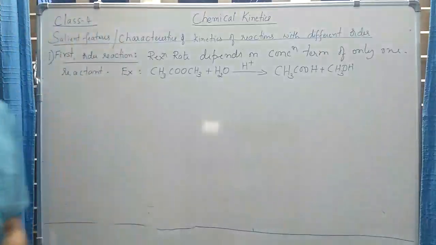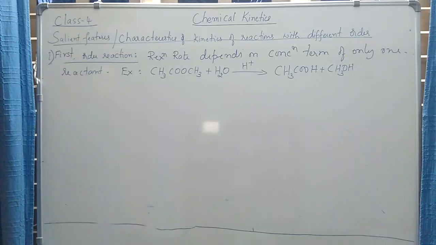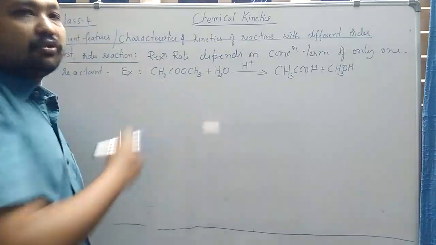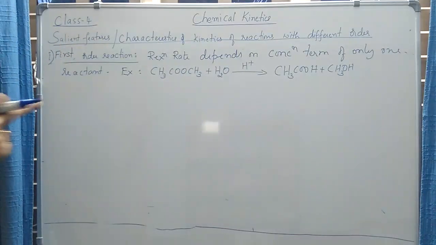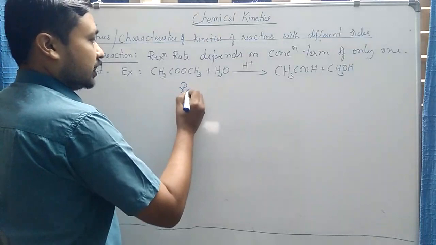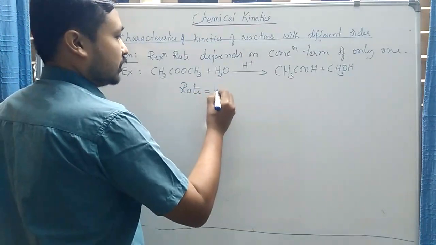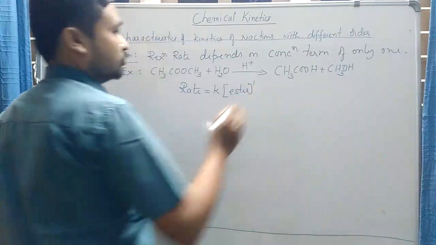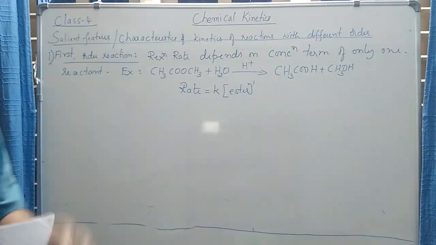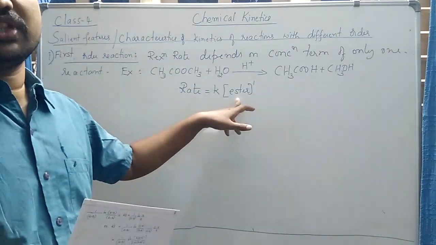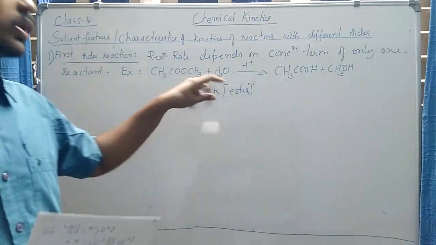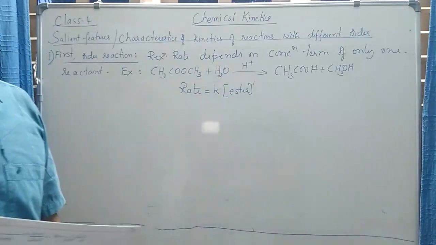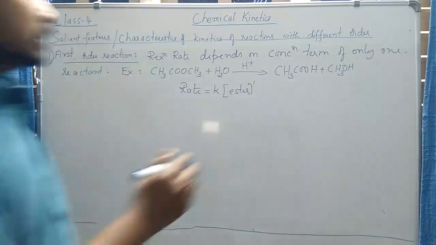How many molecules of the reactants are involved? 2 molecules are involved. So the molecularity of this reaction is 2, but the order of the reaction is actually 1. Here rate is equal to rate constant into concentration of ester to the power 1. So the rate depends only on the concentration of the ester and not on the concentration of the other reactant, water.